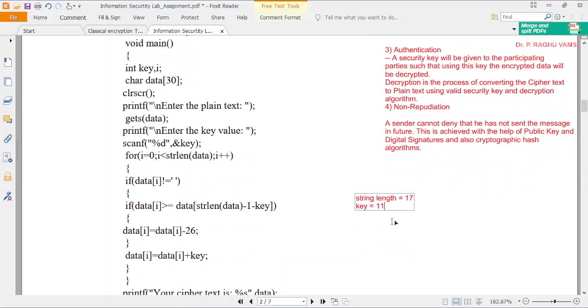Here, string length is 17 minus 1 minus 11, which means 5. So H is greater than or equal to data of 5.